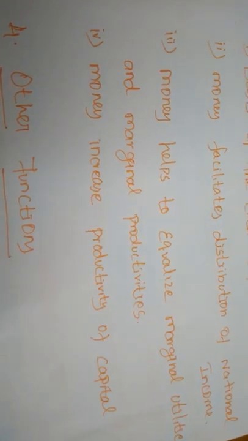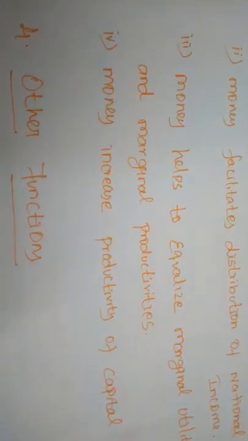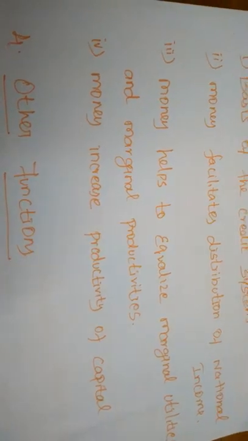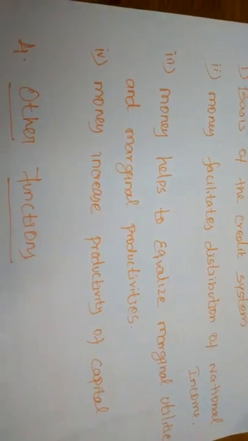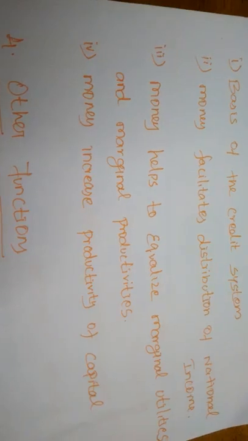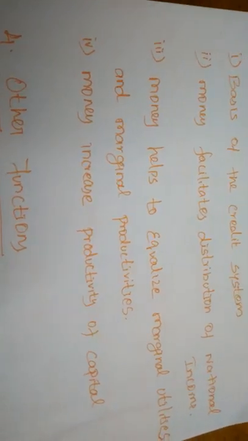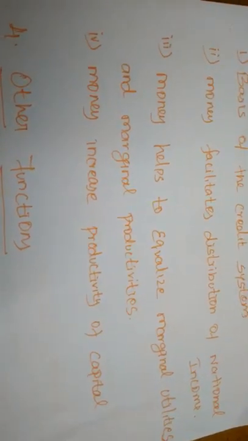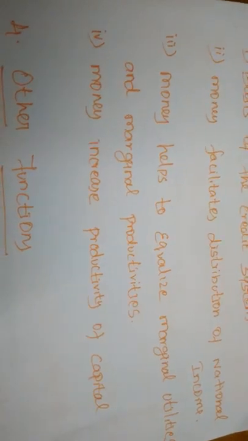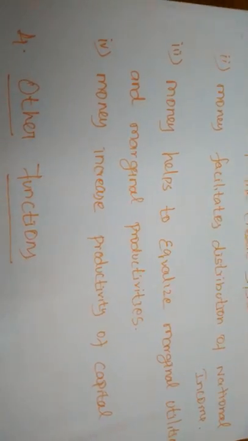If we have more capital, we can produce more commodities. Because of that, we can earn more profit and save more. On the basis of more saving, the capital amount will again be increased. So on the basis of money only is it possible.